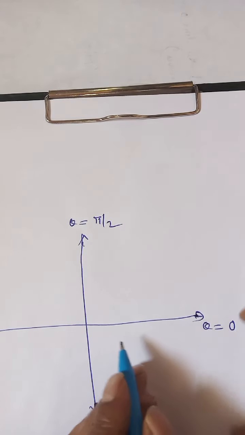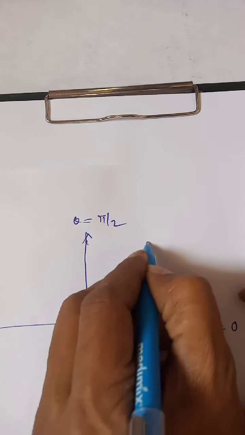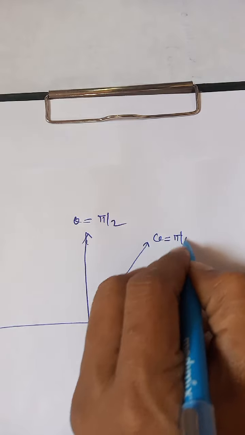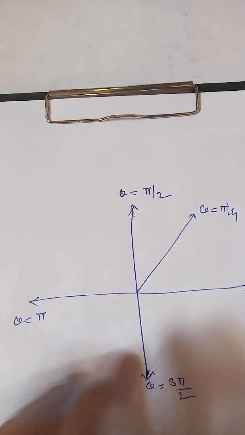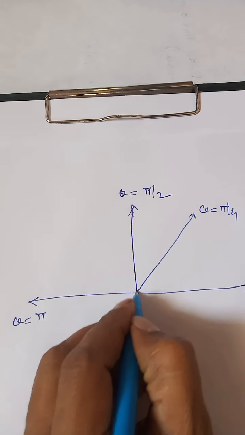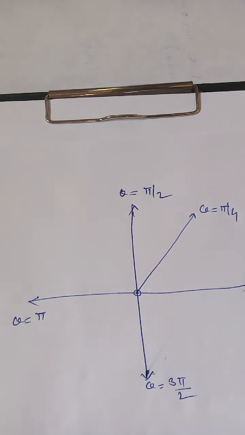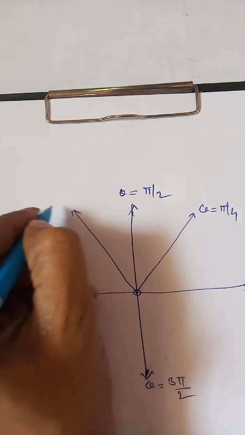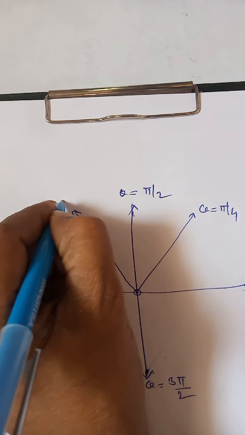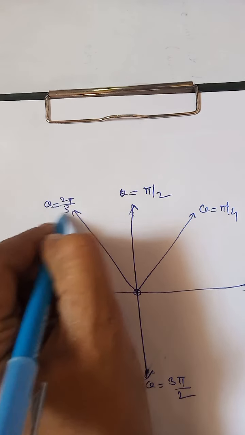In between 0 to pi by 2, we'll select pi by 4. In between pi by 2 to pi, we have a tangent to the pole, which is theta equals 2 pi by 3. So we'll draw that line, theta equals 2 pi by 3.